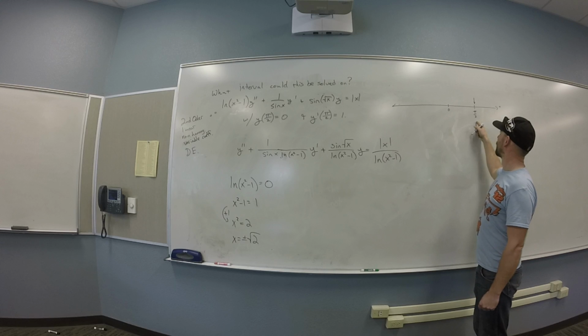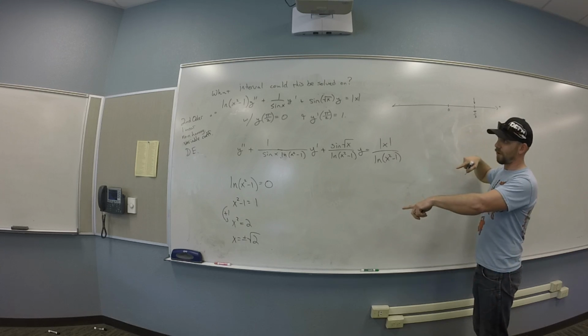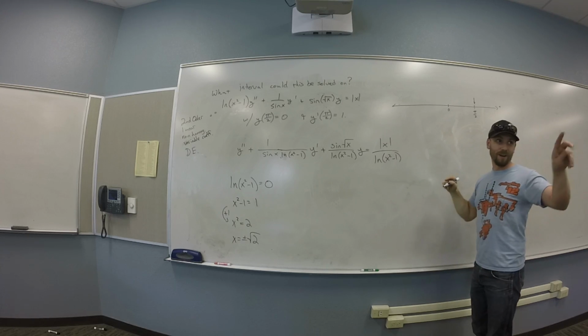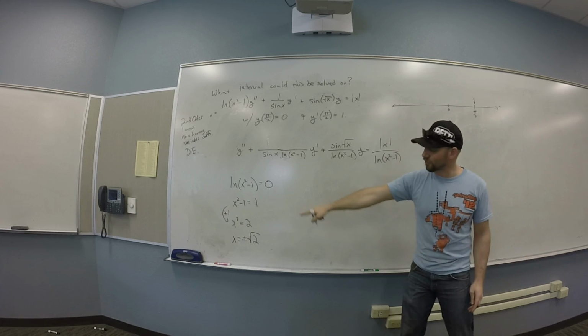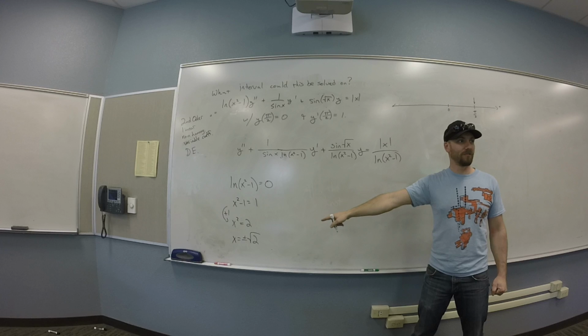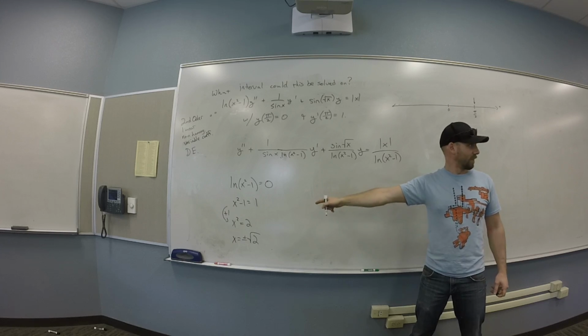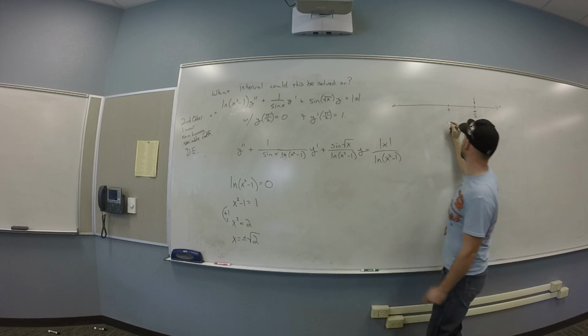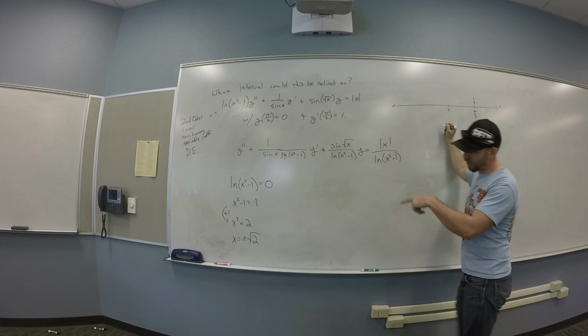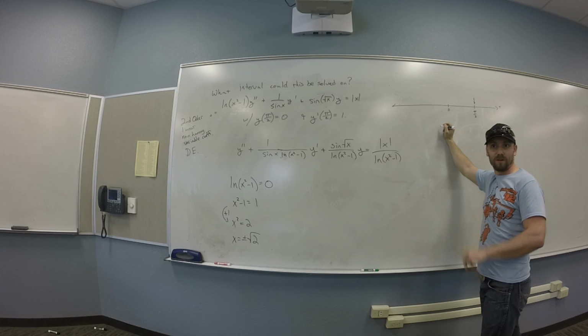So x is plus or minus root 2. Those are also going to be interesting, and those would break things, so I need to put those on here as slices. How does root 2 compare to pi over 2? It's a little tiny bit smaller.